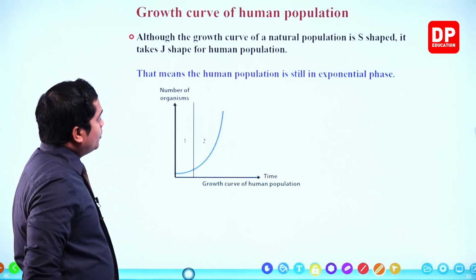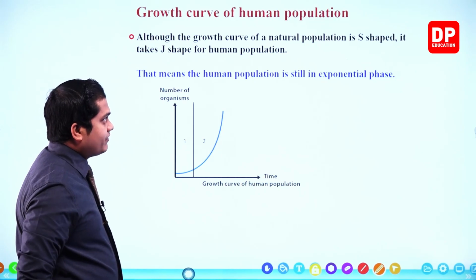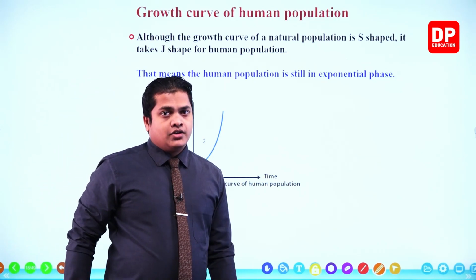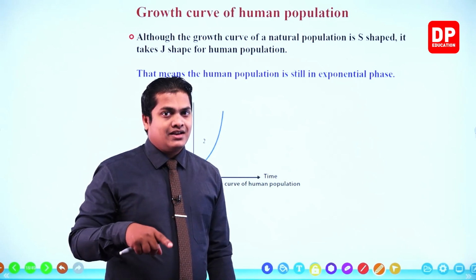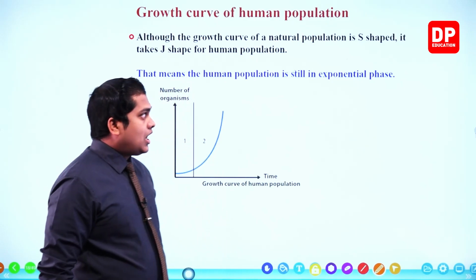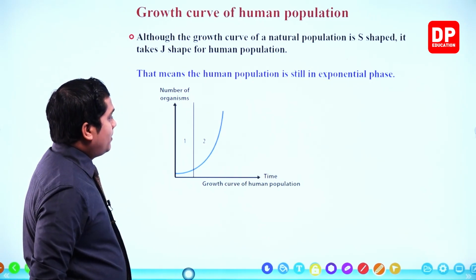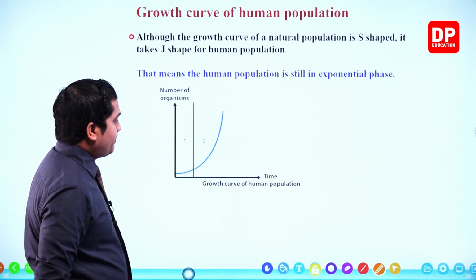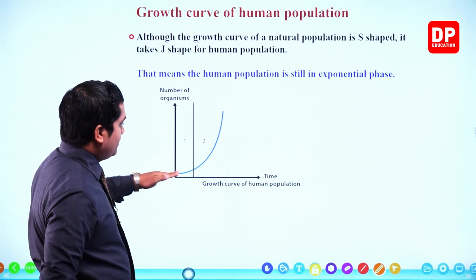Although the growth curve of a natural population is S-shaped, you can remember that the normal population growth curve has an S shape. However, it takes a J shape for the human population, as you can see within the figure.